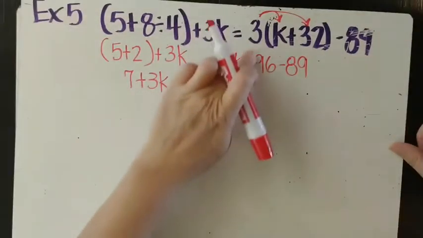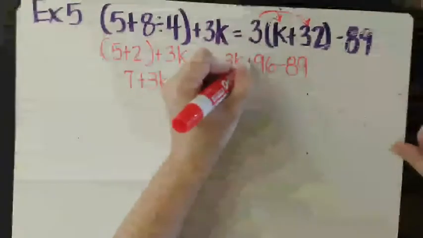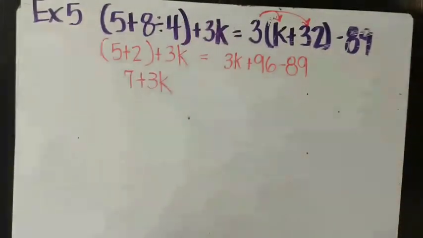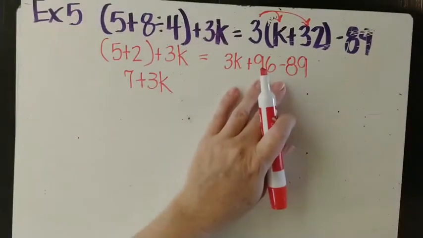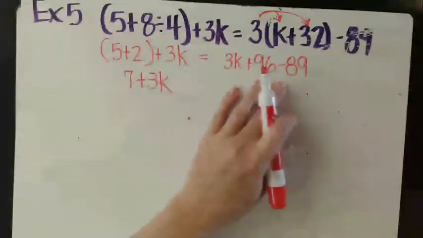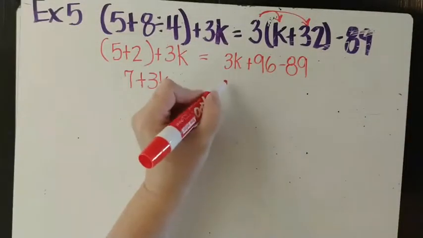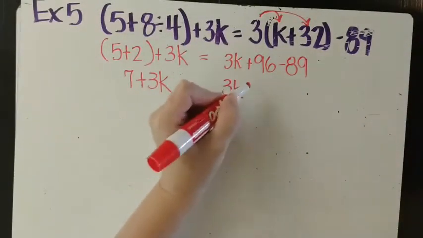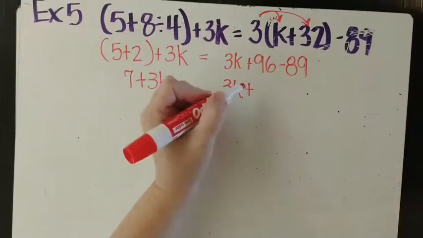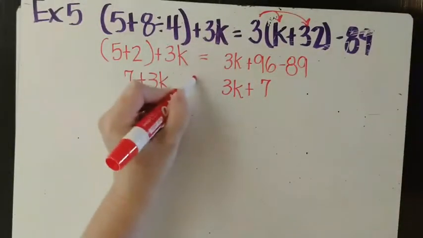And this should not be equals. I should have brought down the plus sign. My equal sign actually goes here. Is this expression simplified? It is not. So let's keep going. We need to combine the 96 and the 89, and we get 7.